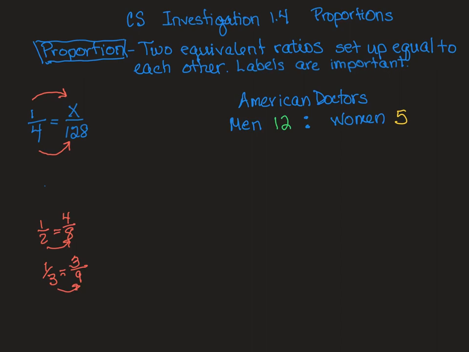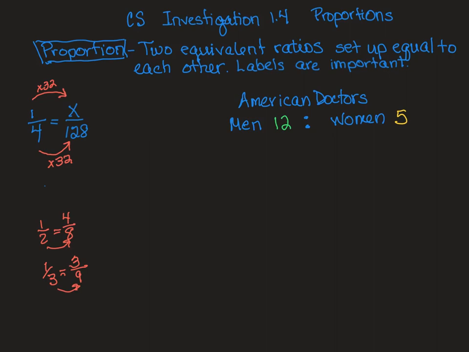Okay, so here I know that 4 times 32 equals 128. Again, I can use my calculator, I can divide, but I can figure that out. Which means that if I multiply the bottom by 32, I have to multiply the top by 32. That means that x equals 32.